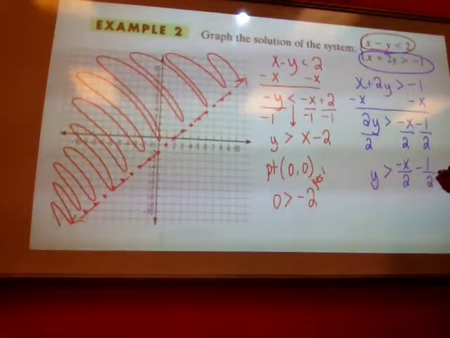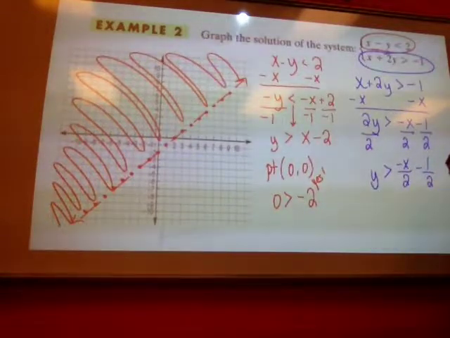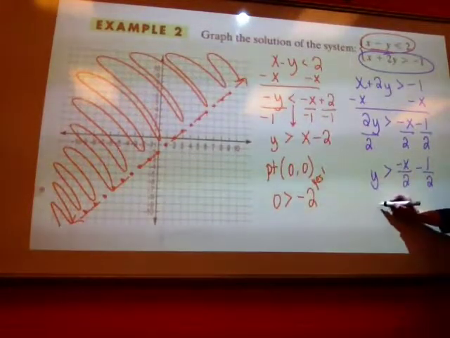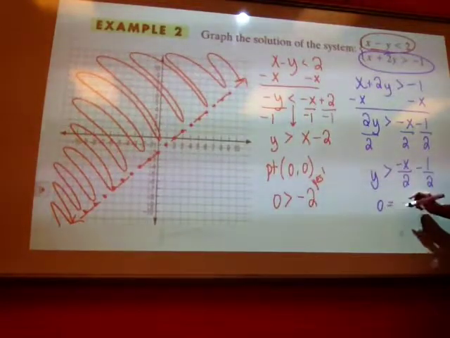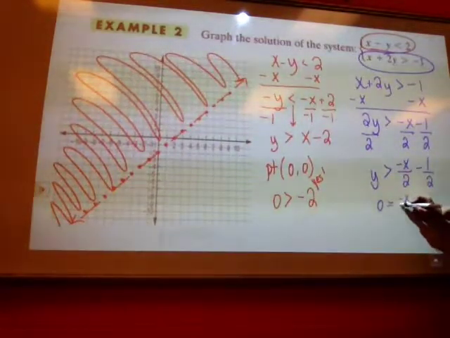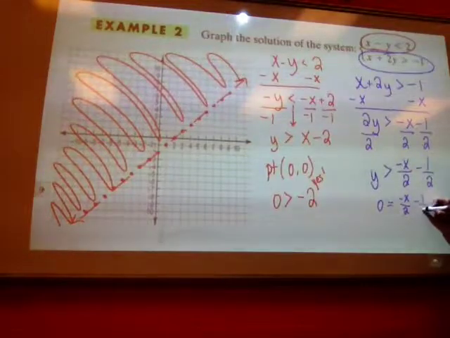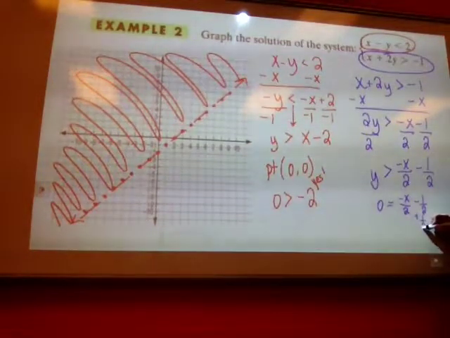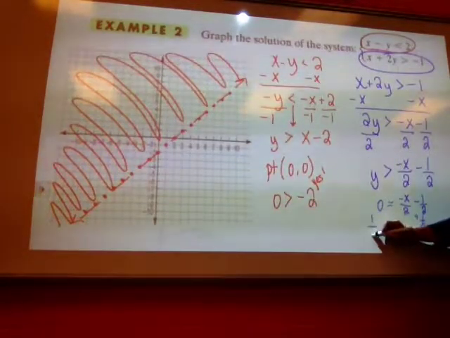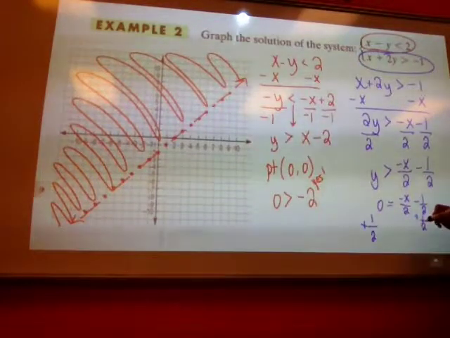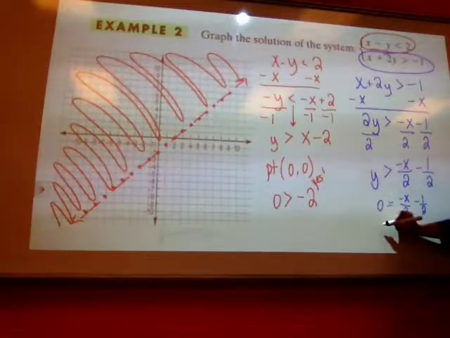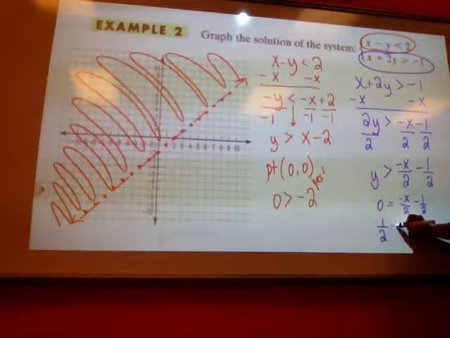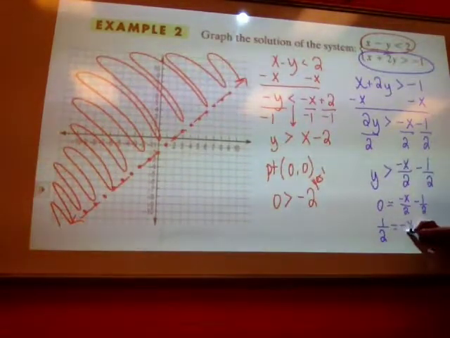Okay, so here we go. Let's find our x-intercept. In order to find our x-intercept, we have to let y be 0. So we can just change that to an equal for right now. So 0 is going to equal a negative x over 2 minus a half. So I'm going to add a half back to the other side. And so that's going to give me a half is equal to a negative x over 2.